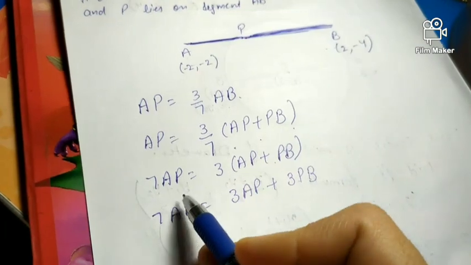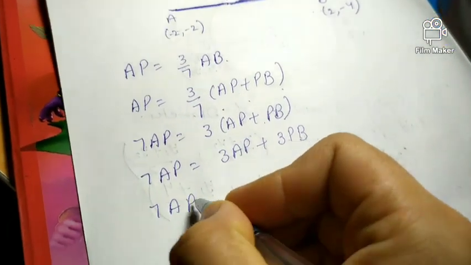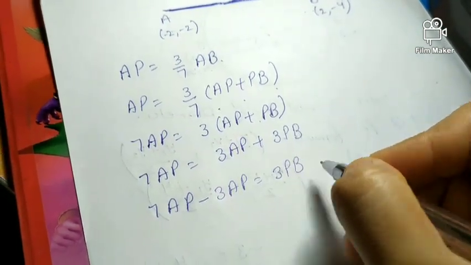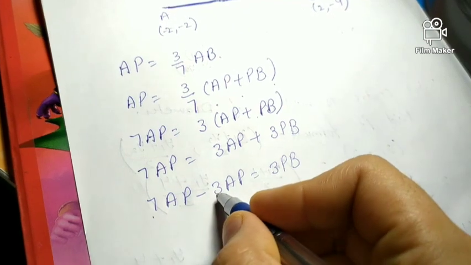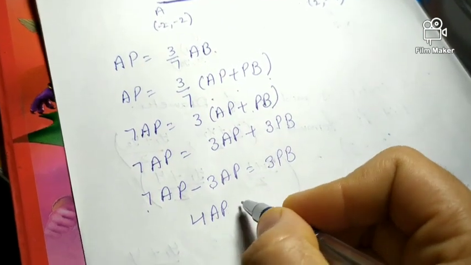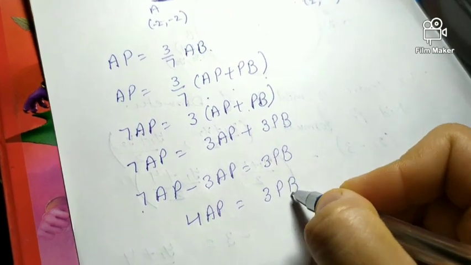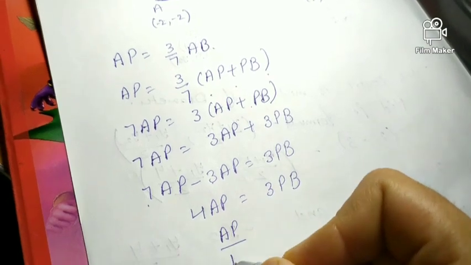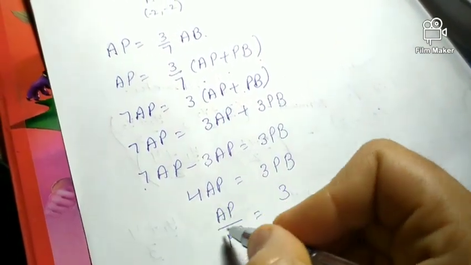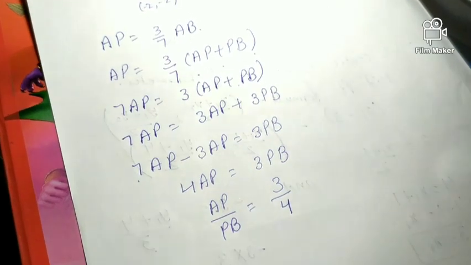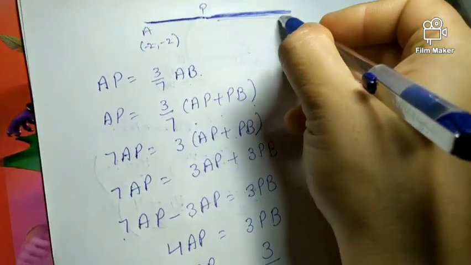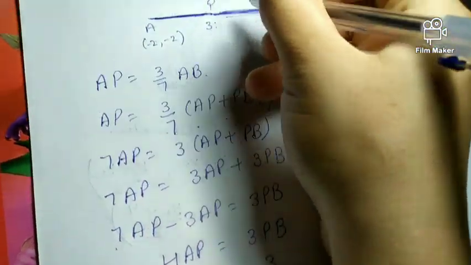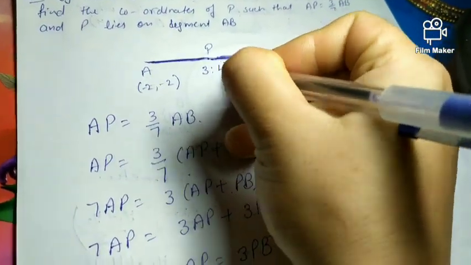Now take this to that side. 7 AP minus 3 AP, that is 4 AP equals 3 PB. So AP by PB equals 3 by 4. So we get the ratio of AP and PB as 3 ratio 4.